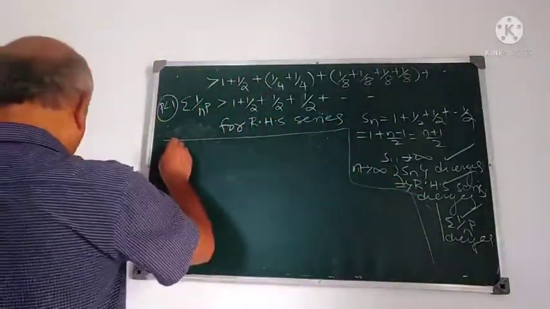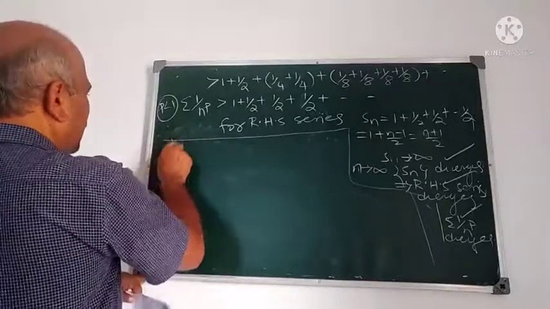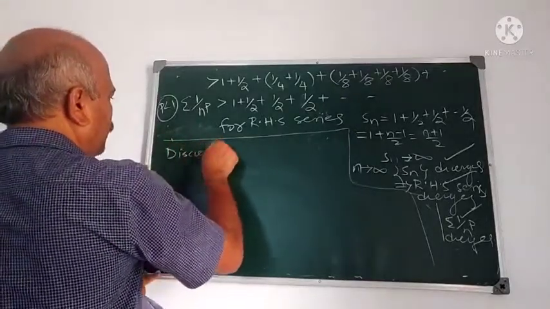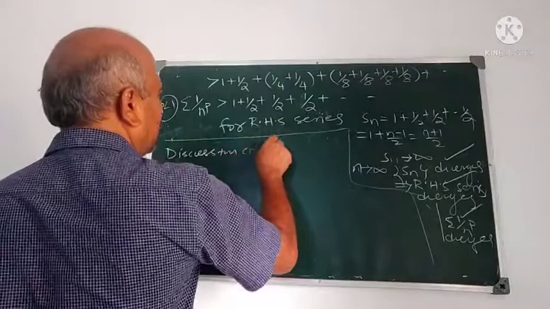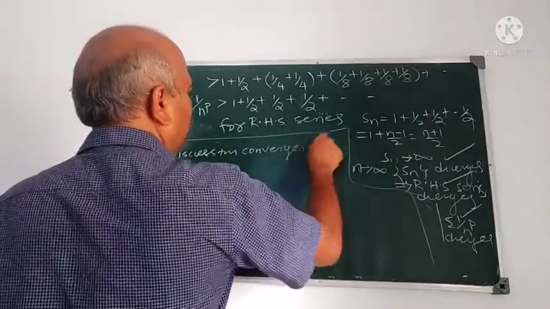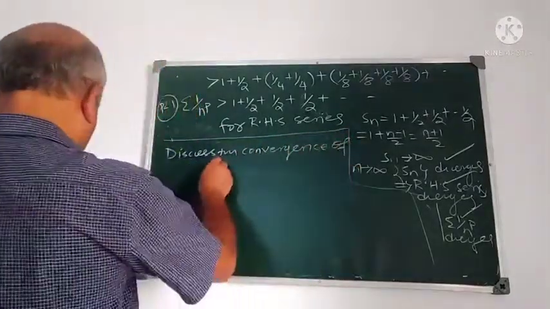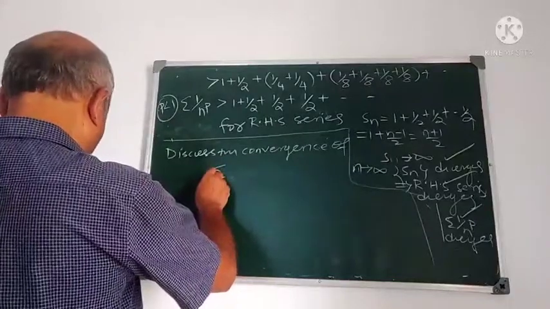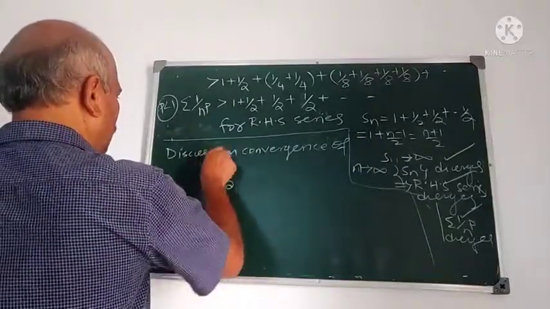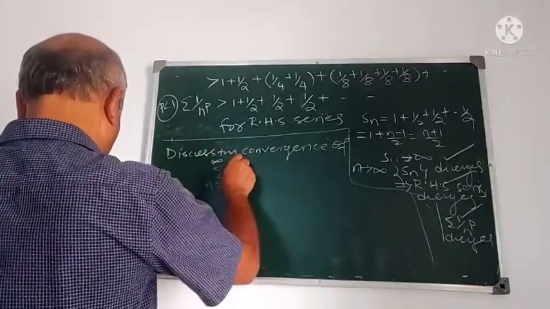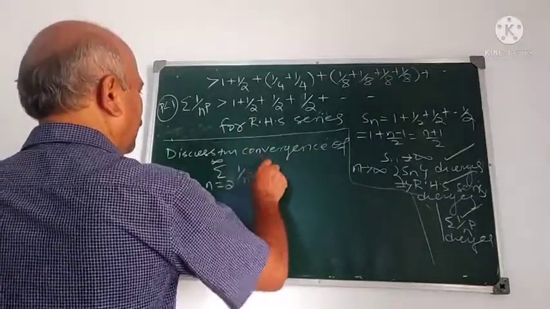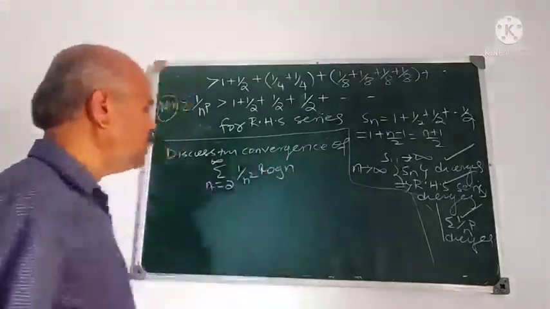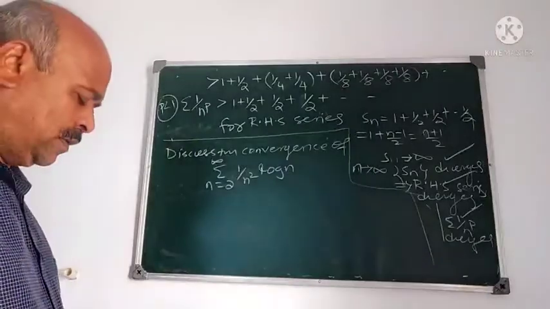I take this problem. Discuss the convergence of sigma n equal to 2 to infinity, 1 upon n square log n.